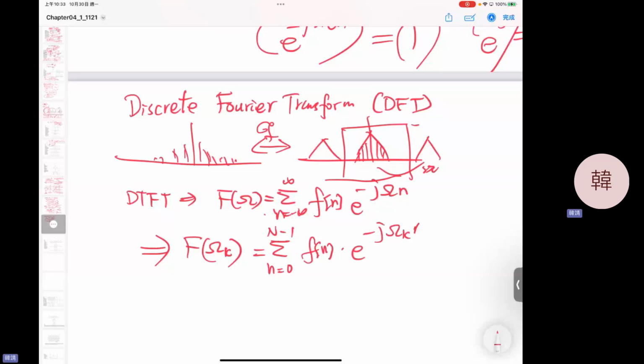So how many points in the spatial domain? How many points in the time domain? I'm going to transfer into the frequency spectrum domain with the same number of points. Same sample number. So it becomes like this. And k is from 0 to n minus 1.